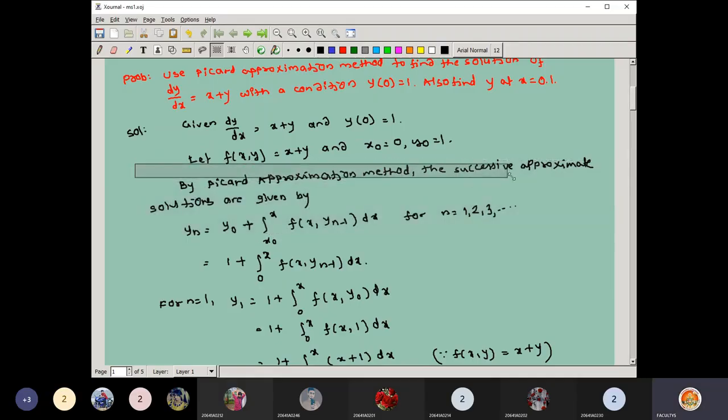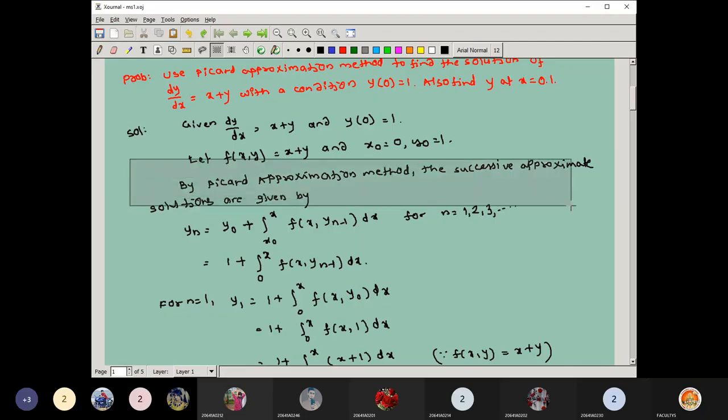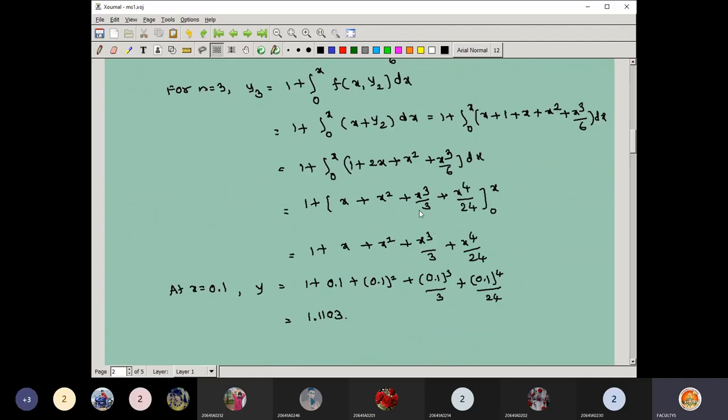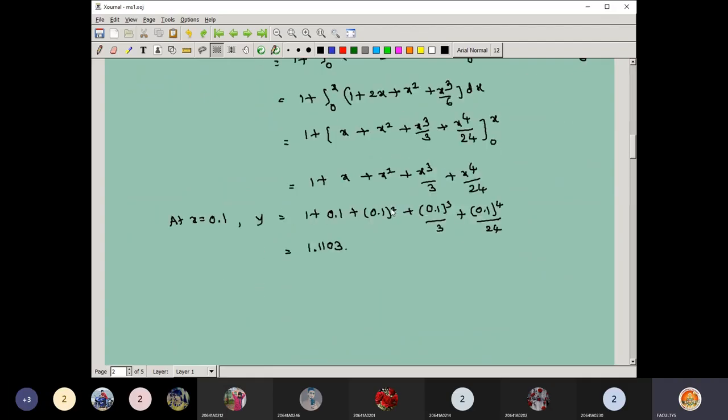What is the answer you are getting there? Okay, have you got the answer for this? 1.1103.